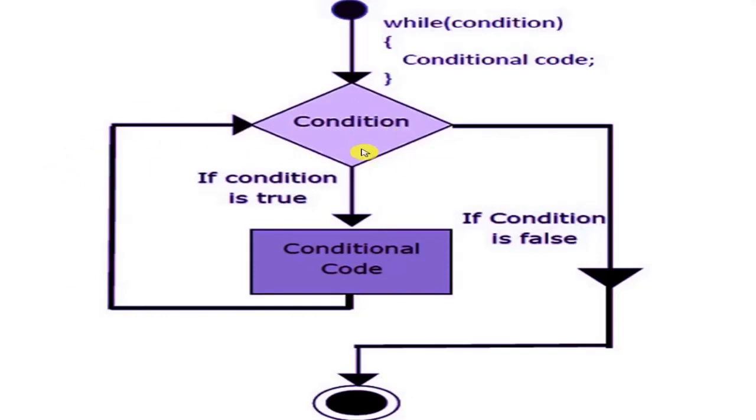If this condition is still true, again this block of code is executed. Again it will check the condition. This is called a loop. This concept repeats a specific task or executes a block of statements again and again. When this condition becomes false, then the control will move out of this looping part. That means the loop is terminated and the control will move out.